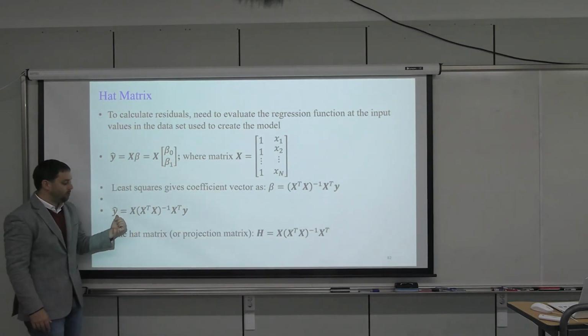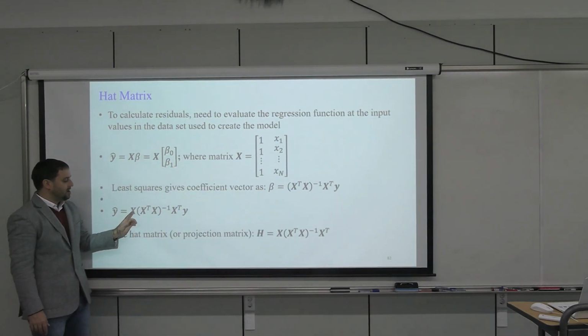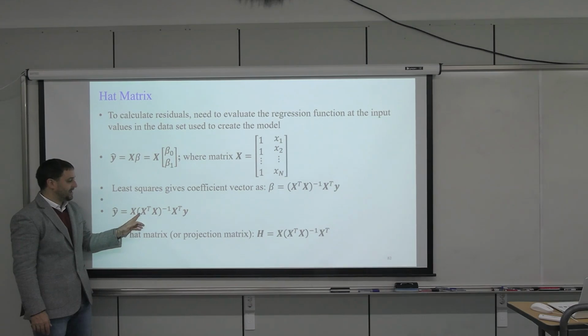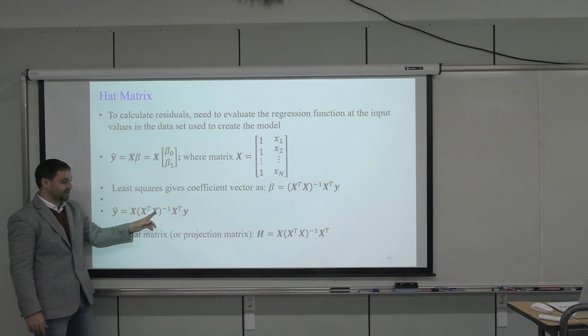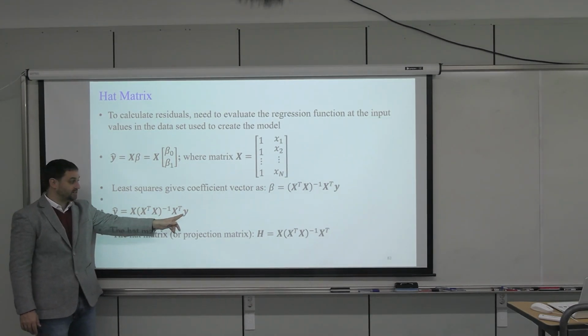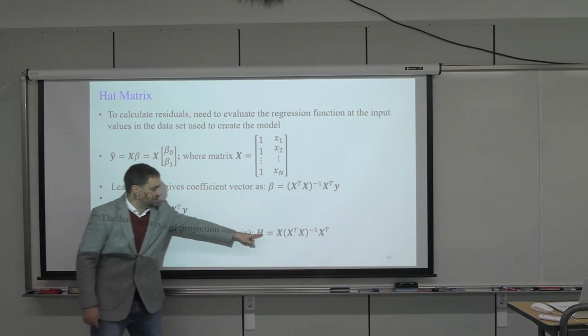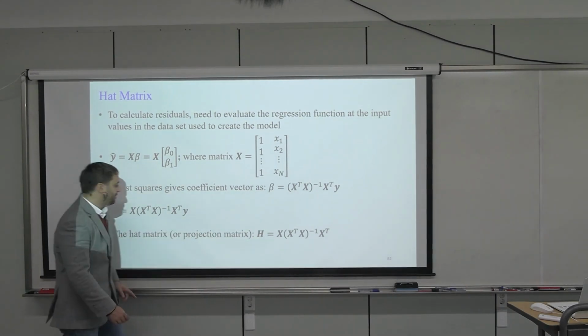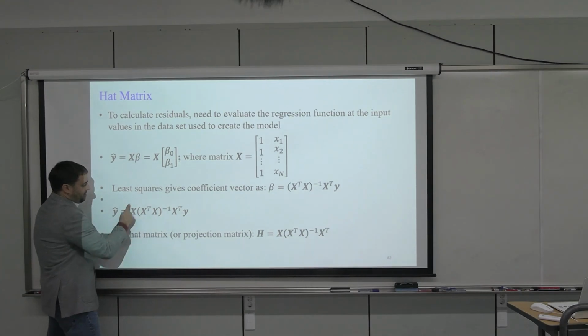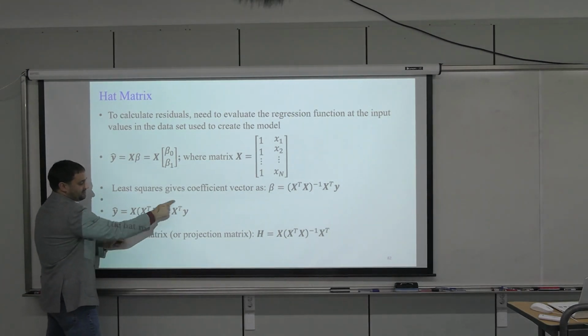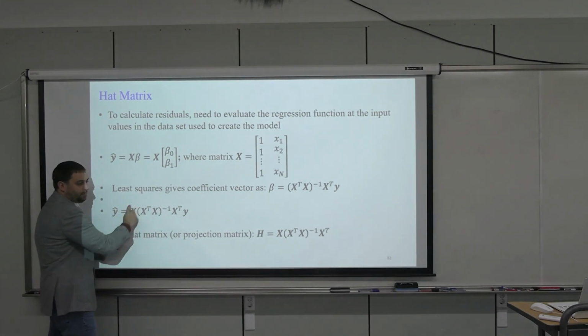And so y hat actually equals our X matrix times the inverse of X transpose times X, times X transpose times Y. The hat matrix, for which we usually use the symbol H, is this combination of these X matrix operations.